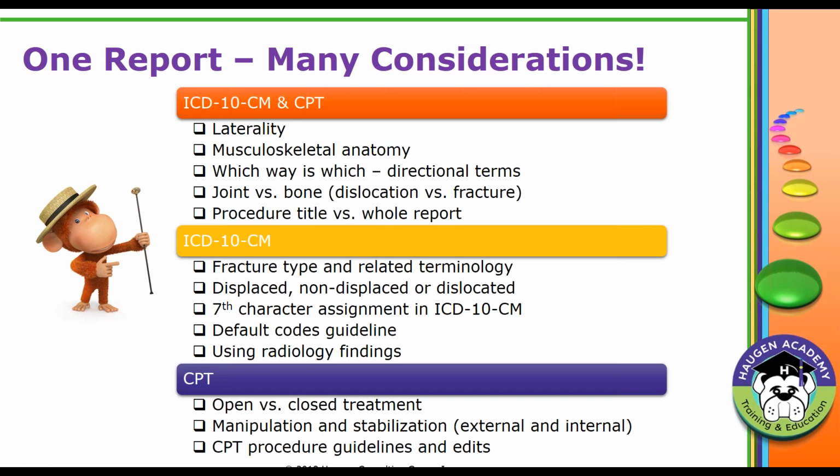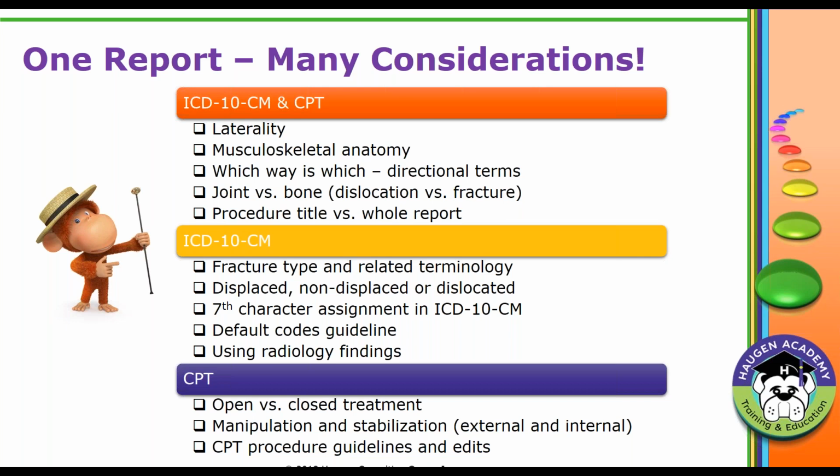For ICD-10 CM, we'll need to know the fracture type and some of the related terminology such as open or closed. We'll need to know if the fracture is displaced, non-displaced, or dislocated. Then 7th character assignment in ICD-10: we know it's a fracture, and those injury codes have 7 characters. We'll walk through the default codes guideline.